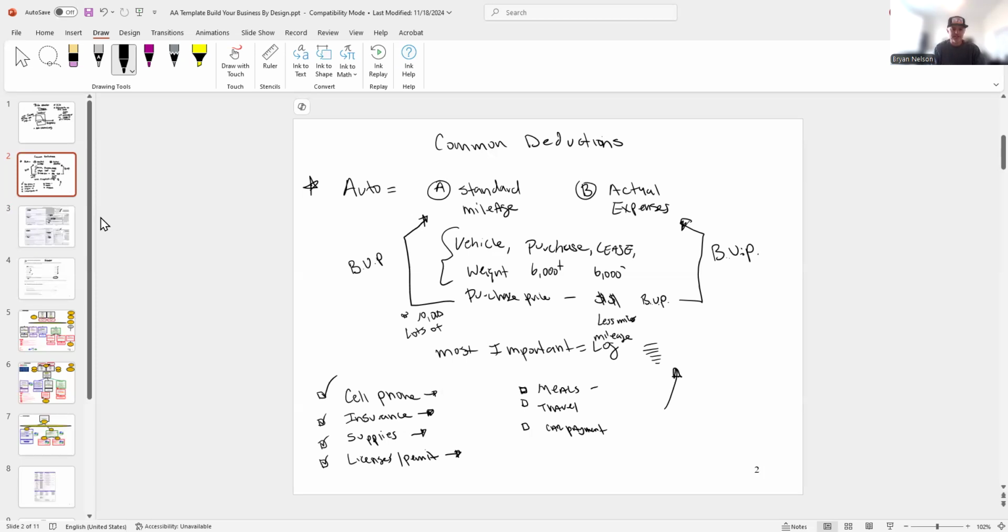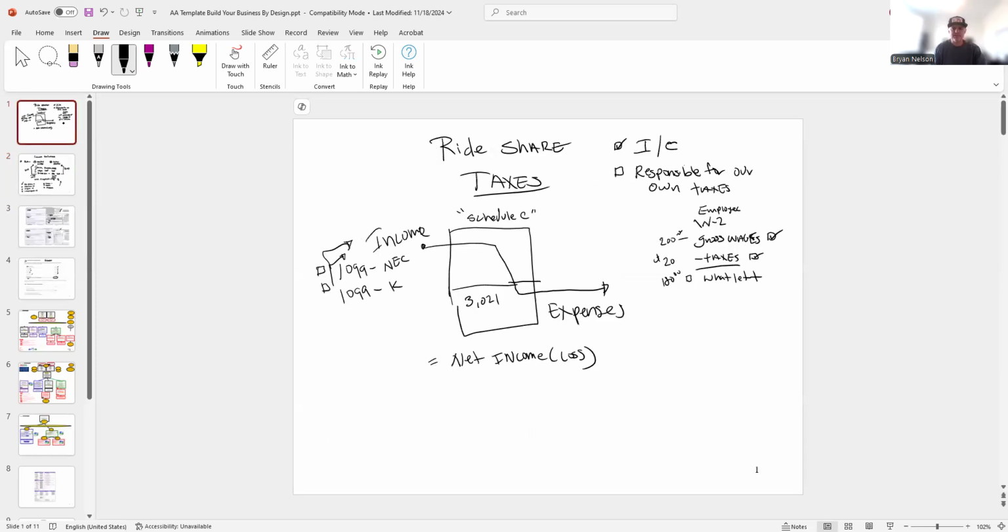So the biggest thing is knowing that you can write off all these expenses. Because when we go to look at filing our taxes and paying taxes, we look at the net income side, but we get to earn our money. We get to spend our money through those common deductions, and then we get taxed on what's left.